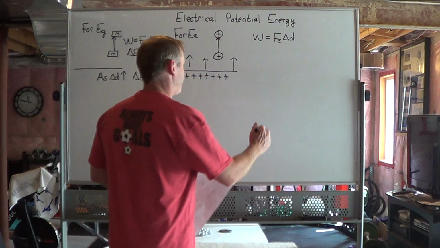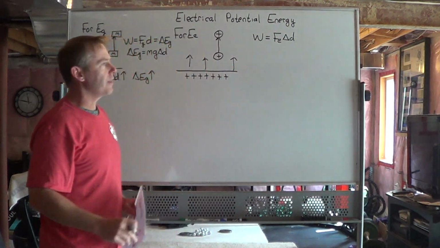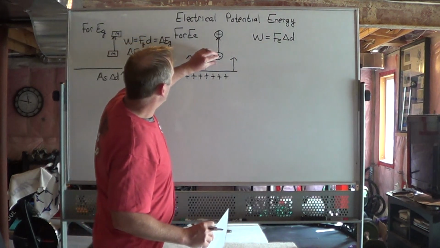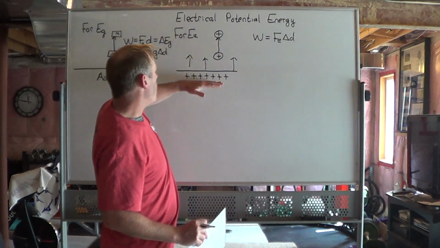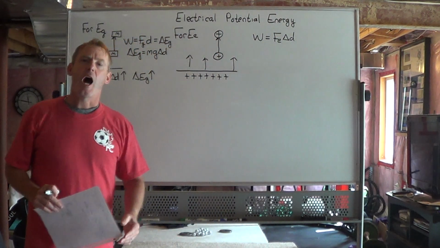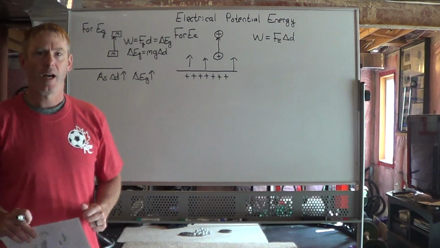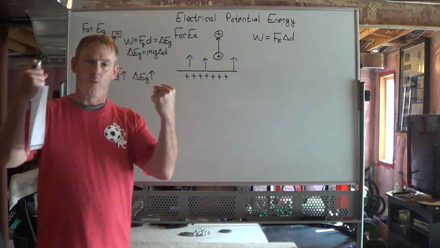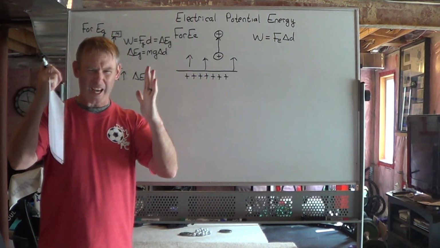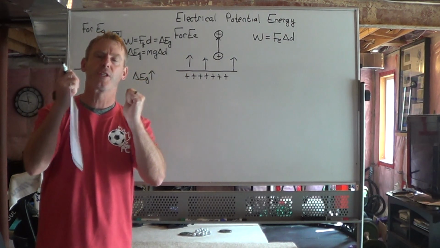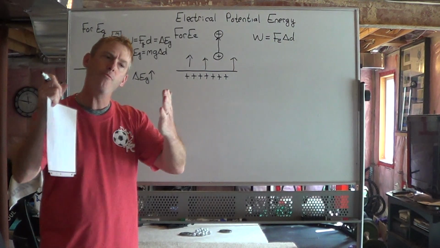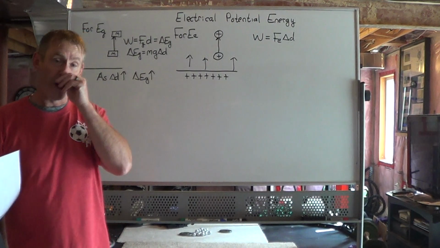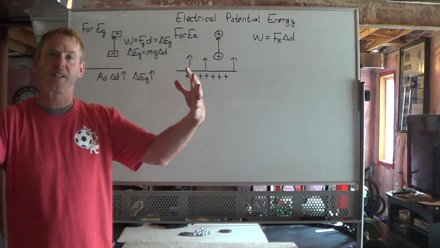Alright, now, but here's the trick of this one, and this is why it's a little bit tricky: if I'm moving this positive charge away from the positive plate, I'm actually losing electric potential energy, because two positives repel each other, and pushing them together builds up electric potential energy because it's like a spring. And so if I move them away from each other, that spring is being released, or there is less tension in there.